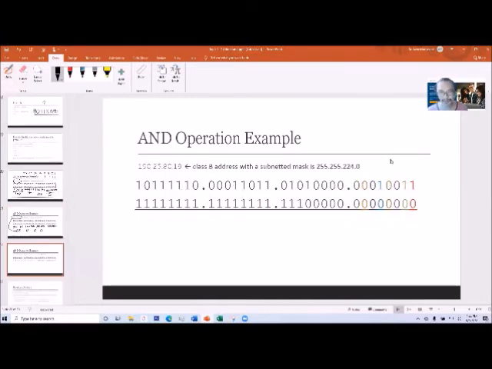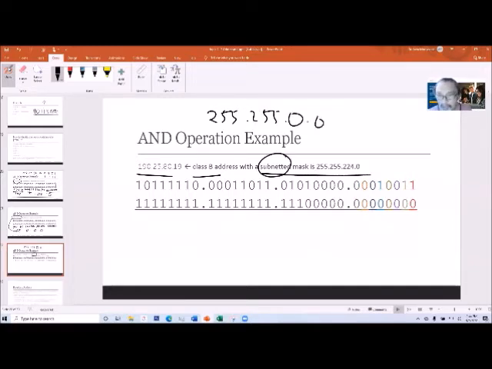Another example, we have an IP address 190.25.80.19. We know that this IP address is a class B address. So we are thinking that its subnet mask is still the default 255.255.0.0. But in this case, the subnet mask is subnetted. That's why the third octet is different now. Look at this.